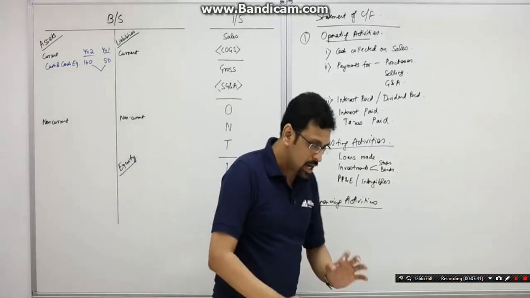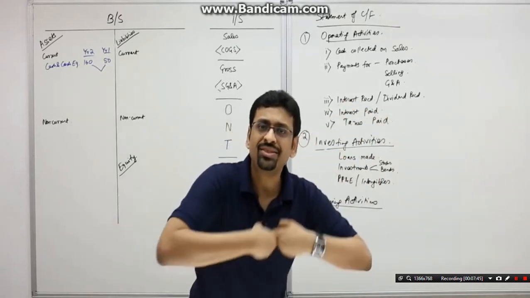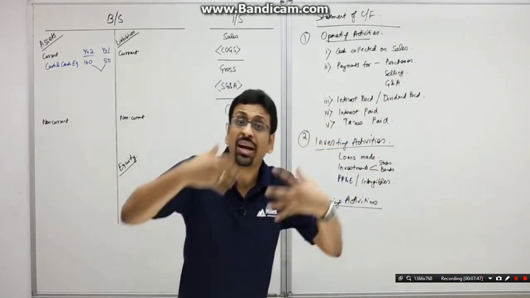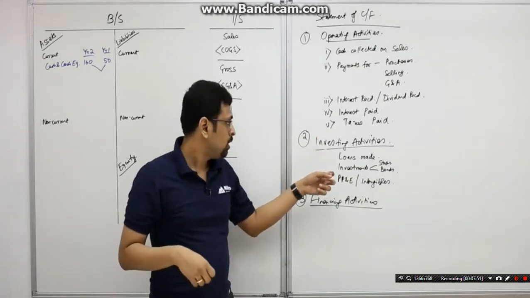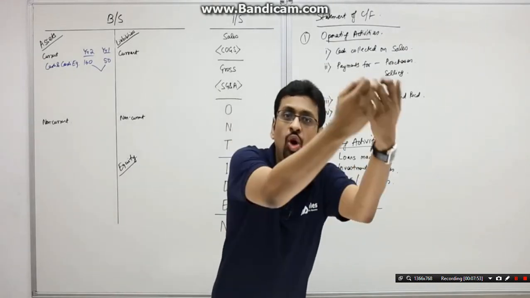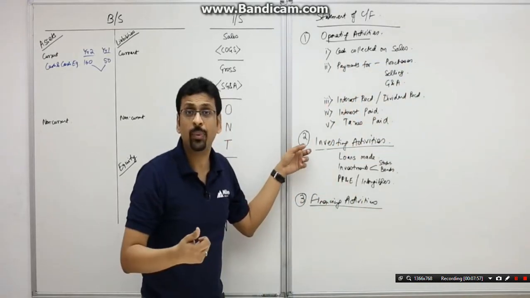So guys, understand here, investing in others. When you give out loans to others, that's a cash outflow. But when you collect back those loans, that's a cash inflow from investing. When you invest in stocks and bonds of others, that's a cash outflow from investing activities.